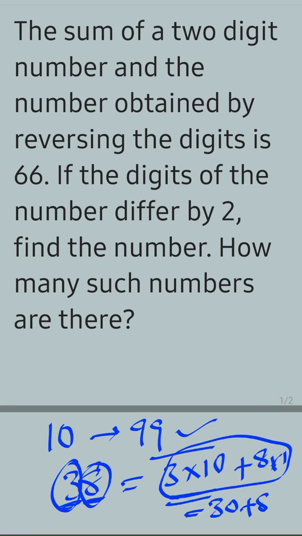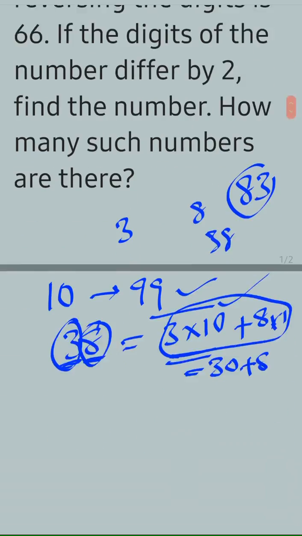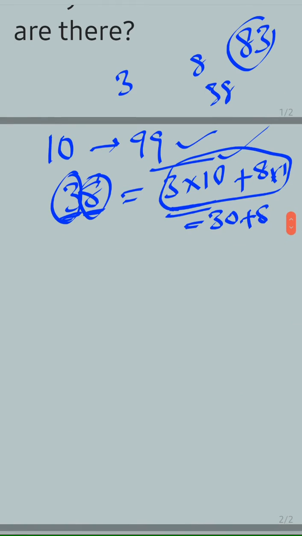So any 2-digit number we can write in this expanded form. But if there are variables, for example, with digits 3 and 8, we can write 38 or otherwise 83. 2 numbers are possible here. But if I take the digits as unknown, one digit is x and another digit is y, so we have 2 digits.